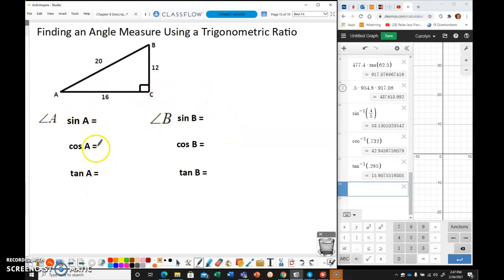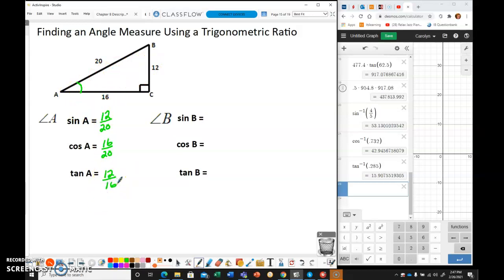Here I don't know the angle measure, but I do know what the sine is. So if I'm looking at angle A over here, sine is the opposite over the hypotenuse, so that's 12/20. Cosine is the adjacent over the hypotenuse, which is 16/20. And tangent is the opposite over the adjacent, which is 12/16.